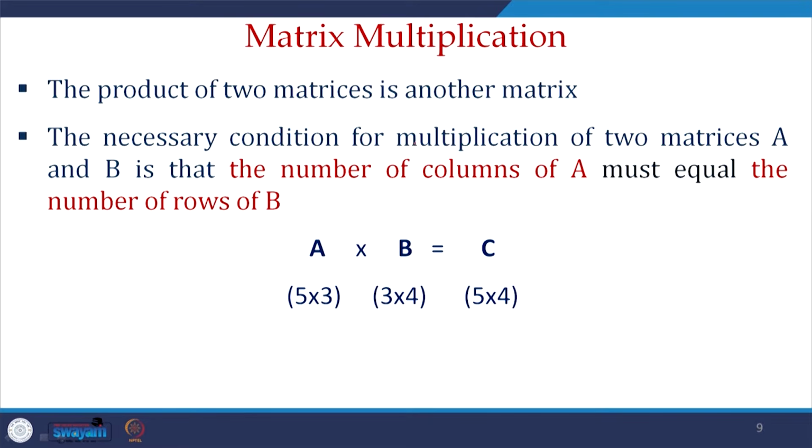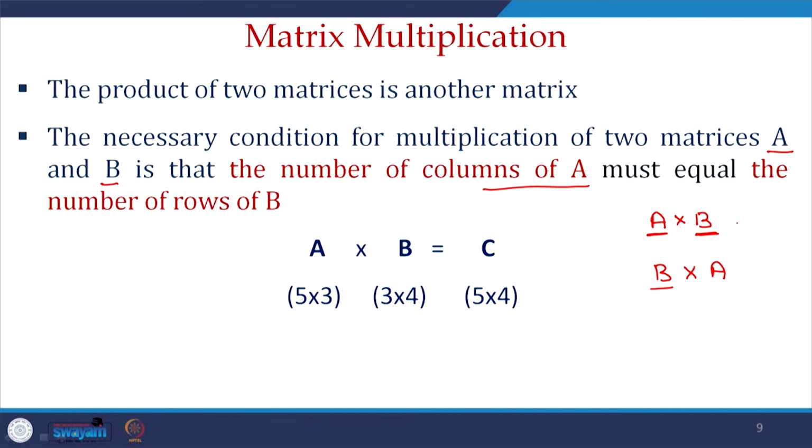The necessary condition for multiplication of two matrices A and B, if you are multiplying A with B, is that the number of columns of A must equal the number of rows of B. And if you are multiplying B with A, then the number of columns of B must equal the number of rows of A.